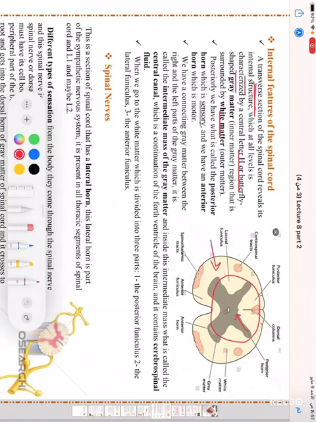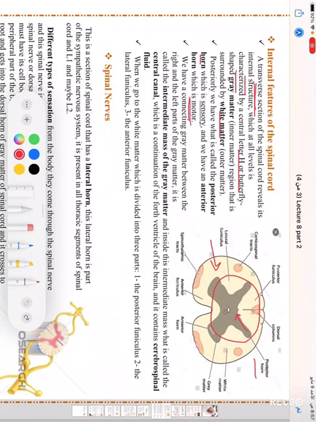What is outside of it? It's the white matter. Posteriorly we have what we call the posterior horn, which is sensory, and we have an anterior horn, which is motor.